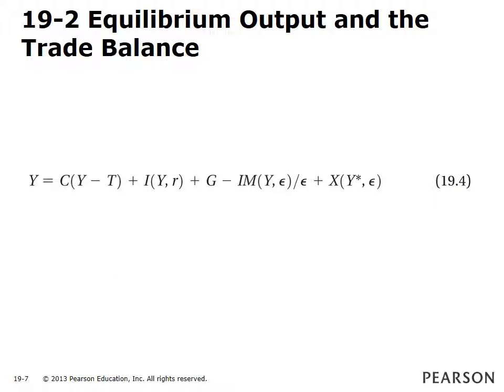In equilibrium, production, output, must be equal to demand for domestic goods. Equation 19.4 states the equilibrium condition in the open economy, leaving out expectation variables introduced in chapters 14 through 17. This is the IS relation in an open economy.